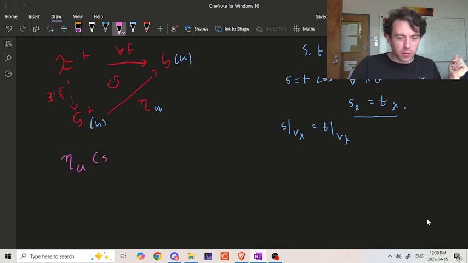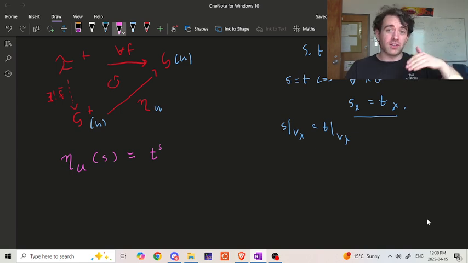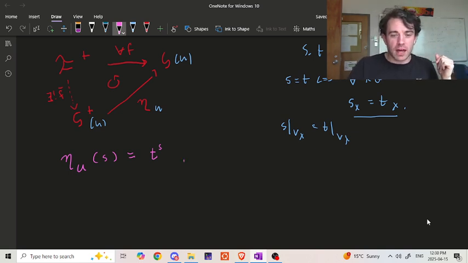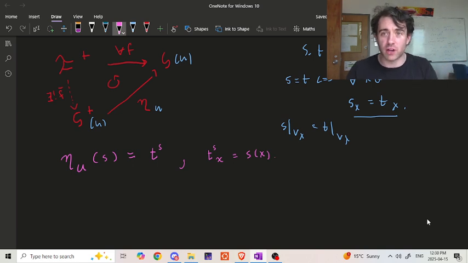We proved in that video that if G was already a sheaf, there would exist some section of G of U, which of course depends on S, so we called it T superscript S. It was essentially defined by the property that for every point x in U, the germ of T^S at x agreed with the value of the function S at x.